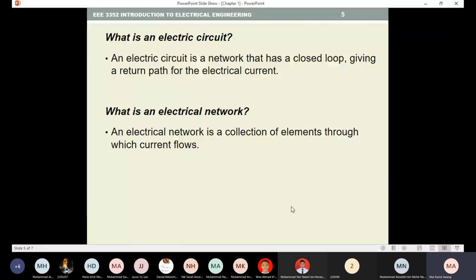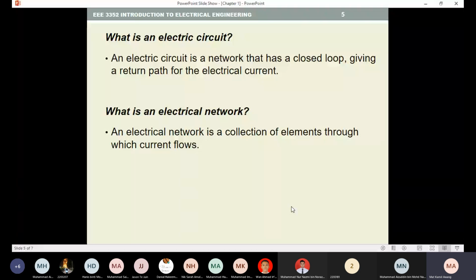A network is actually a collection of elements through which current flows. So in the circuits, you have those elements. What are the elements that you have? Power supply, whether it's a voltage source or current source.